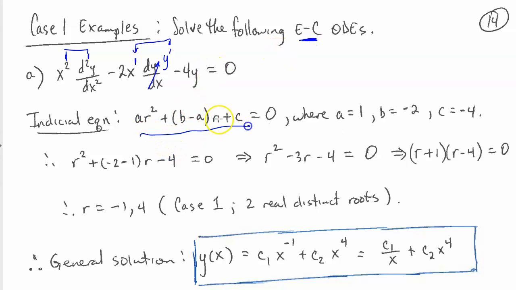Our indicial equation is just a r squared plus b minus a times r plus c, where in this case our a is just going to be a real number coefficient, and so it's just going to be 1 in this case. So a is 1, b is going to be minus 2, and c is going to be minus 4.